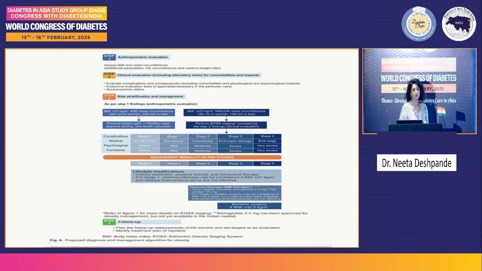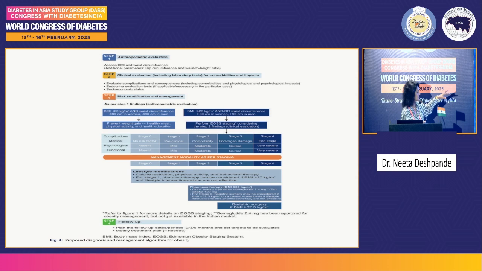This is an algorithm that we developed and published in JAPI in October 2023. Dr. Shashank Shah, who is also here, was a co-author on this, and this is an entire algorithm, step 1, 2, 3, 4, right from anthropometric evaluation to clinical evaluation using lab tests, risk stratification and management.